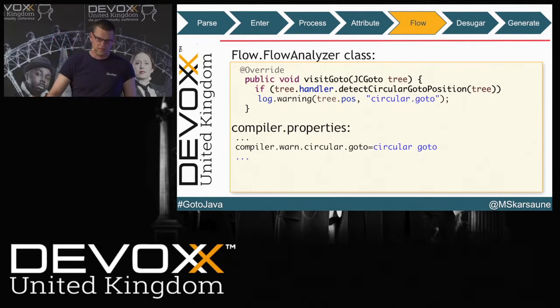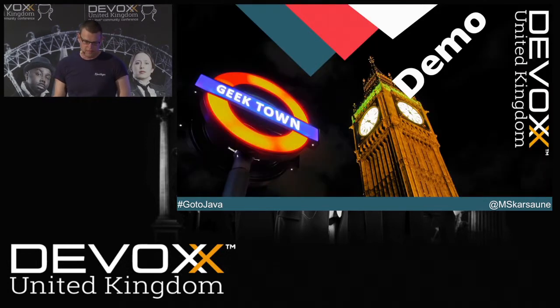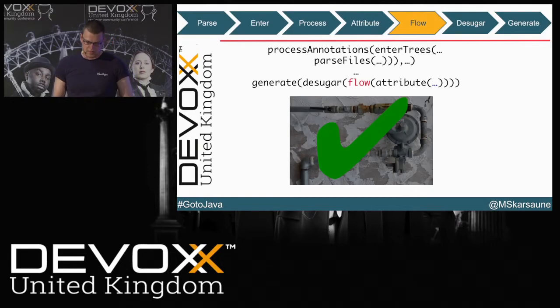And if you're crazy enough to use goto, you probably don't want an error in this case, so you'll have a warning instead. And since this is something new, we simply add a new compiler warning to the properties. I think we can skip that as well.